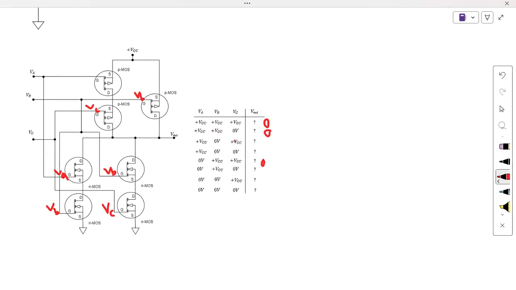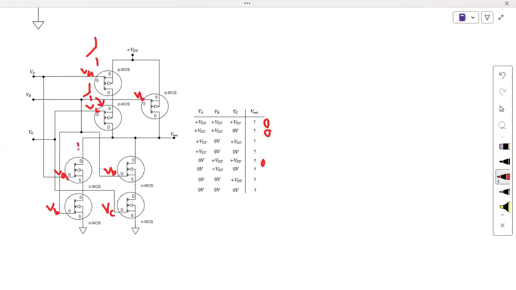Now let's take a look at some of the other border cases. What if VA and VC are on? Well, we know that this top half is going to be an open right there and right there. And these associate with the closest transistor.